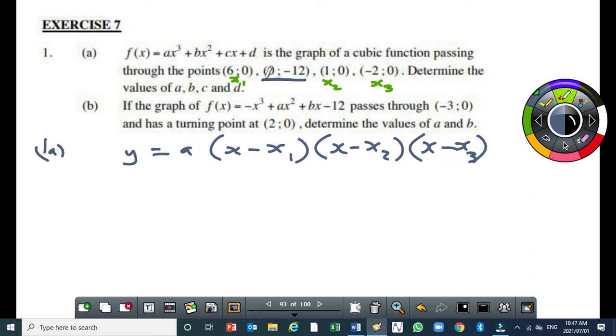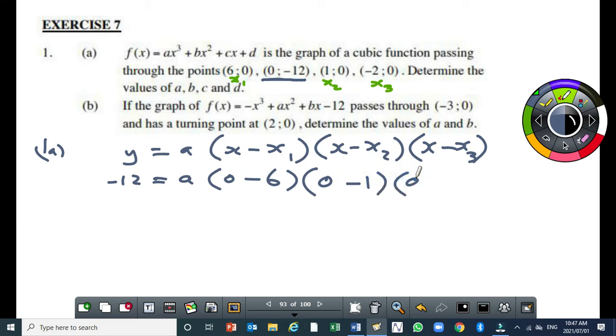Therefore, where there is y, I'll put minus 12. Where there is a, I'll put a. Where there is x, I'll put 0. Where there is x1, I'll put 6. Where there is x, I'll put 0. Where there is x2, I'll put 1. Where there is x, I'll put 0 again.